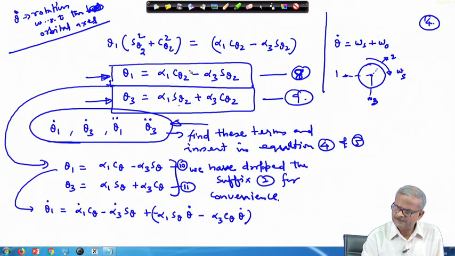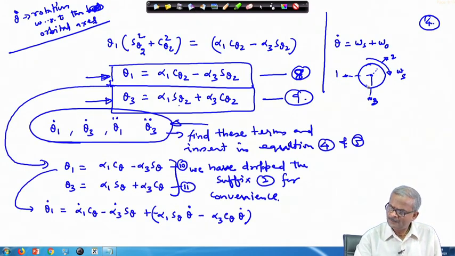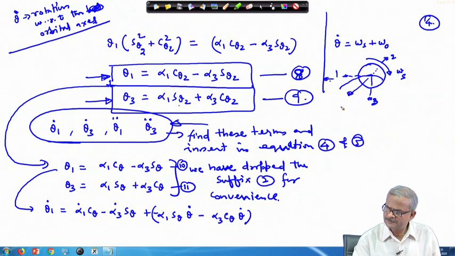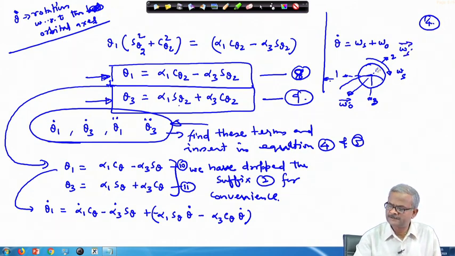Because the velocity of the satellite is along this direction, omega 0 is along this direction. Okay. So, omega 0 is here, while omega s goes in this direction. So, we can see that they are opposite to each other.